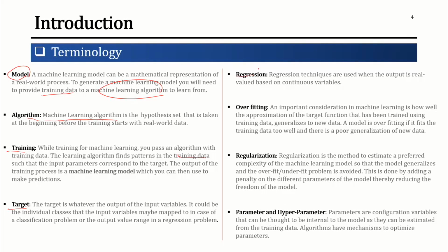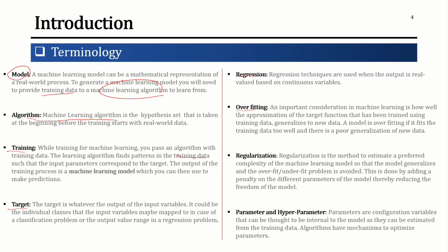And next we come to regression. Regression techniques are used when the output is a real value based on continuous variables. This is totally different from a classification problem because it involves continuous variables. And another important key term is called overfitting.